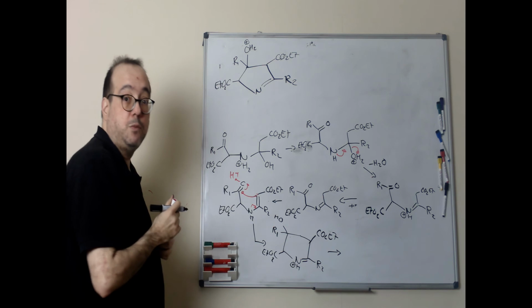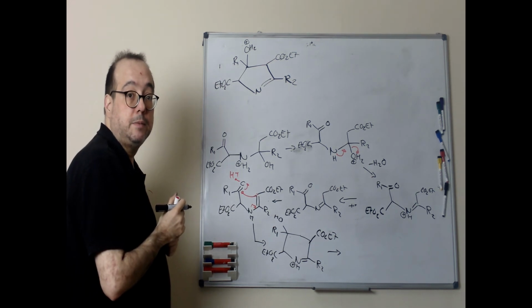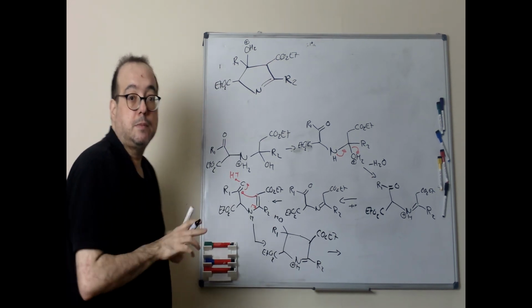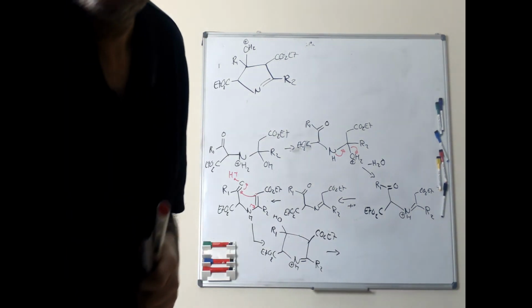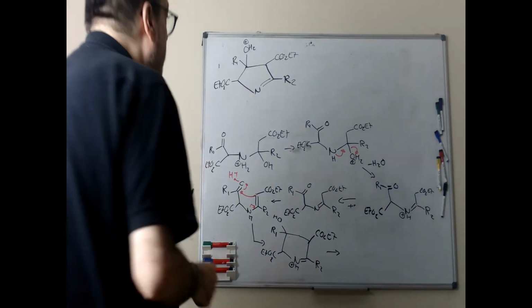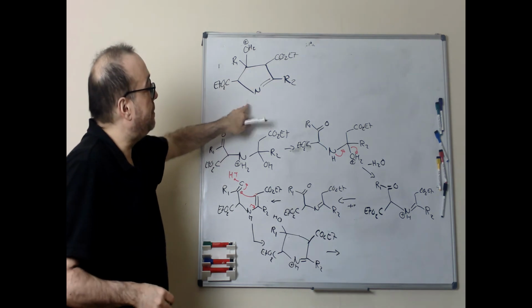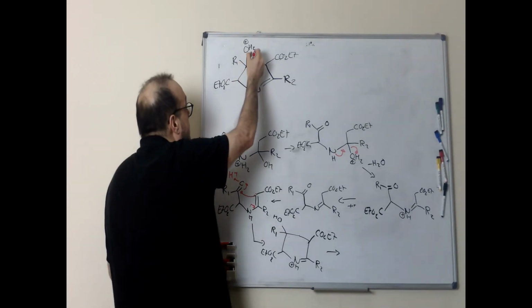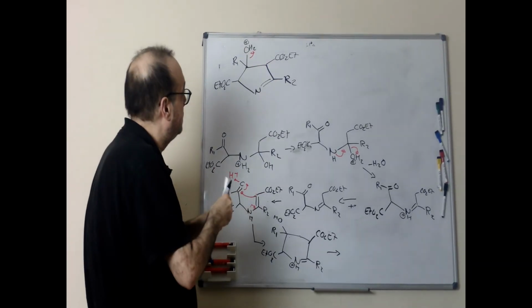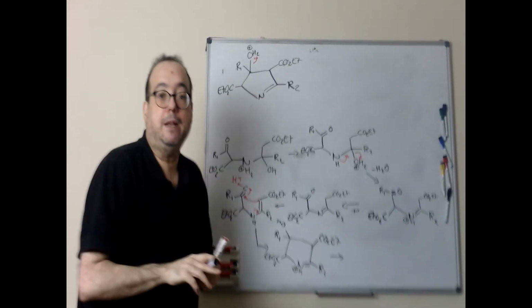Okay, we get this. We generate this intermediate, and then we eliminate water. We can do an E1 elimination.